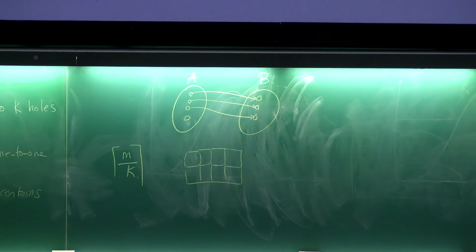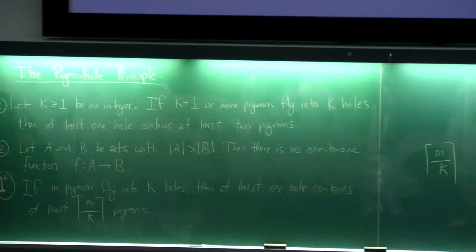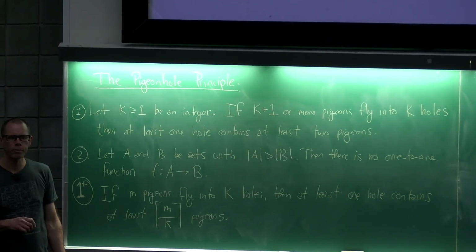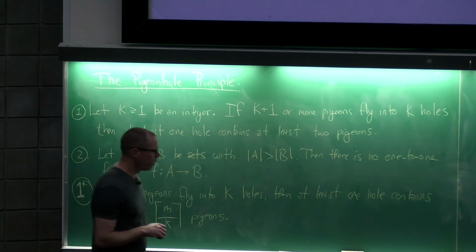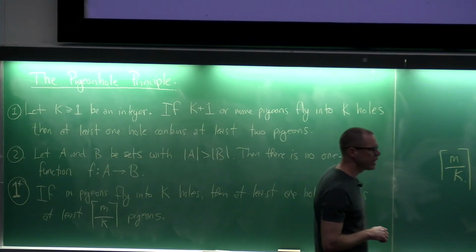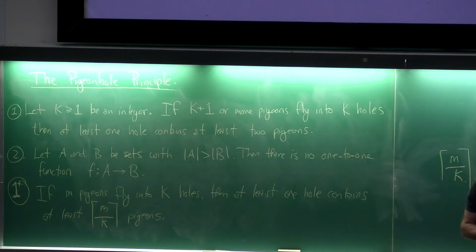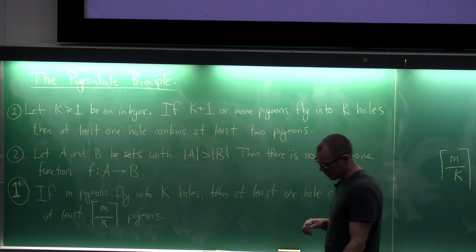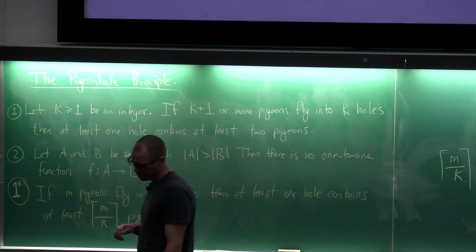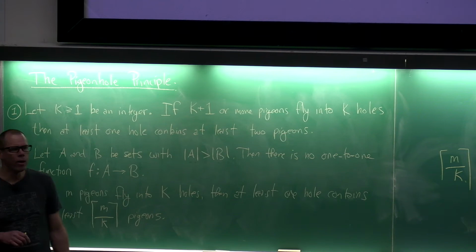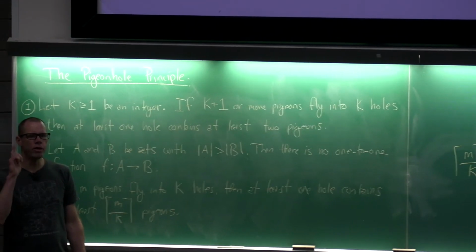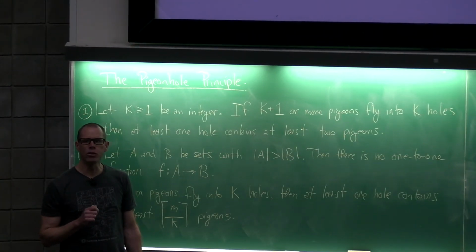Okay. So in this class, for example, not in this room right now, but enrolled in this class, there are about 394 students. Now, there are 365 days in a year. So what I can conclude is that there is at least one day of the year such that at least 2 students have that day as their birthday.